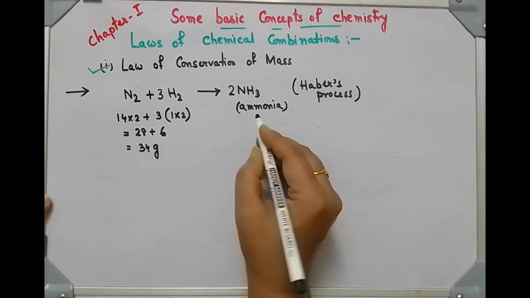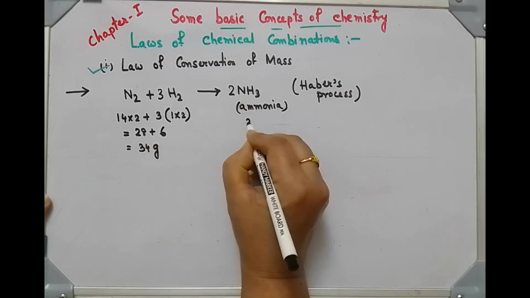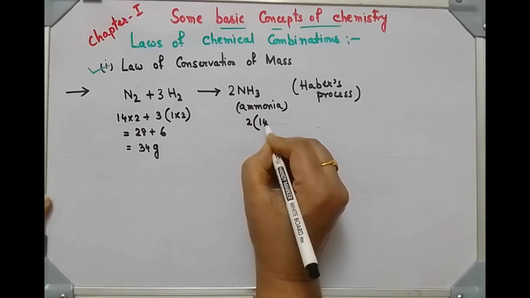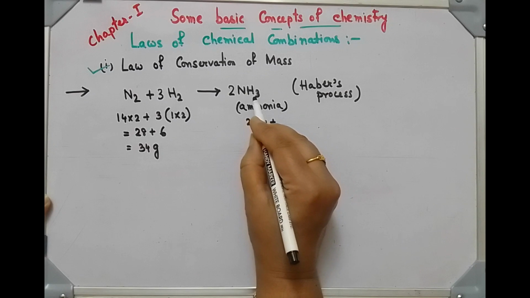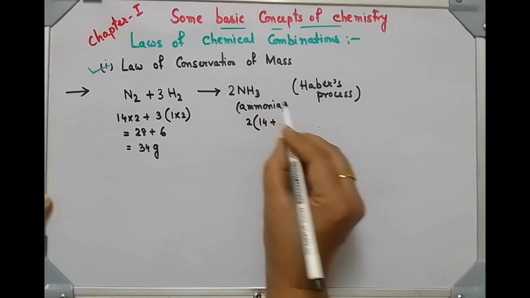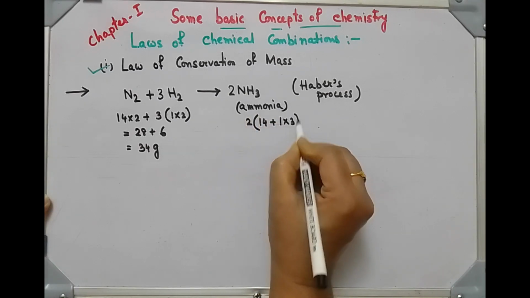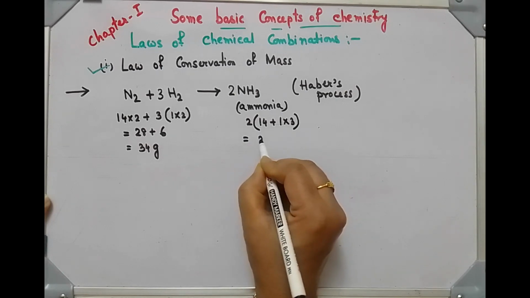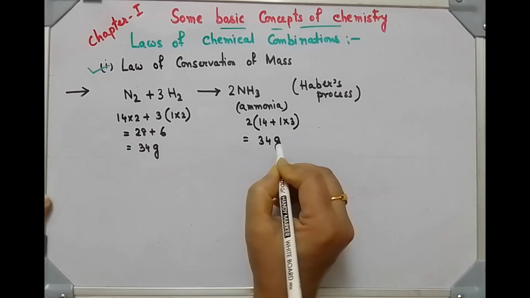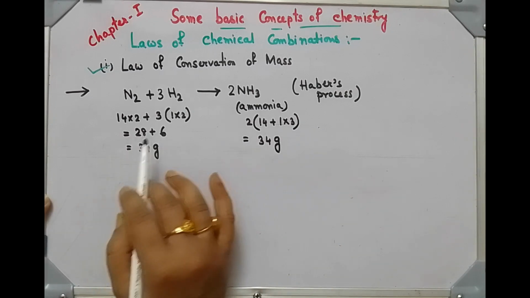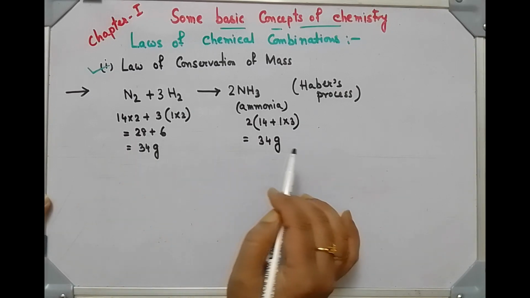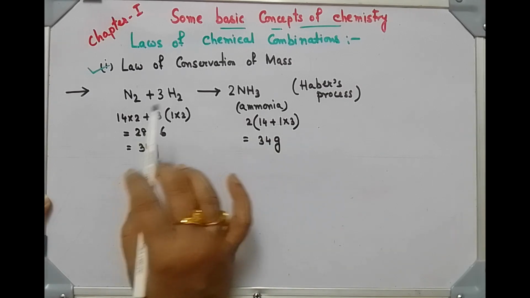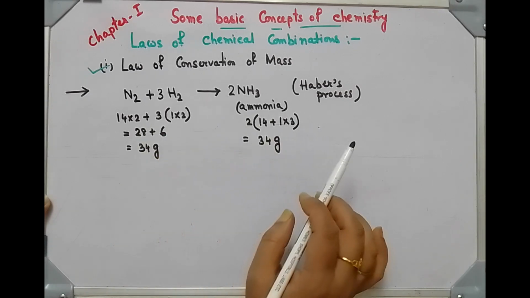And on the product side, 2 of NH3: atomic mass of one nitrogen is 14 plus atomic mass of hydrogen is 1 into 3, so 2 into 17, that means 34 grams. Therefore total mass of the reactants is equal to total mass of the products. So law of conservation of mass is obeyed here.